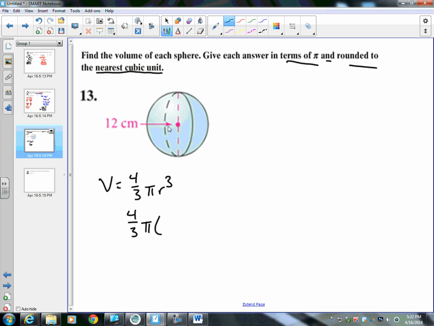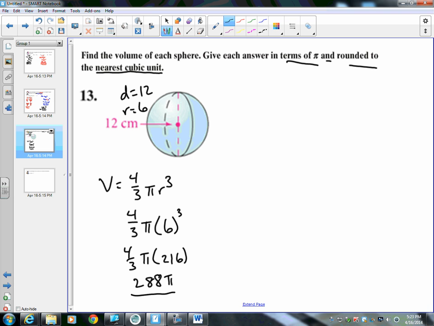I know right here 12 is the diameter. To find the radius, I divide it by 2. So 12 divided by 2 is 6. Plug that in. 6 cubed, which is the same thing as 6 times 6 times 6. We get 216. 216 times 4/3 is 288 pi.